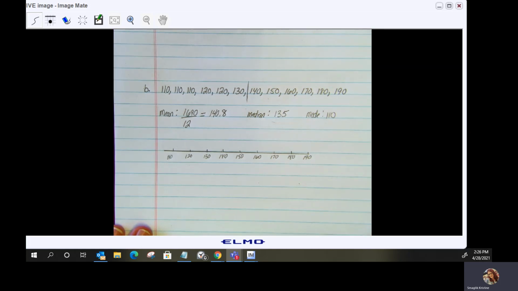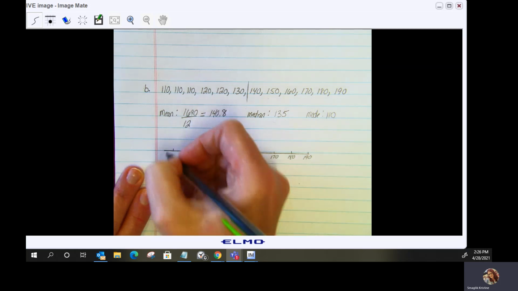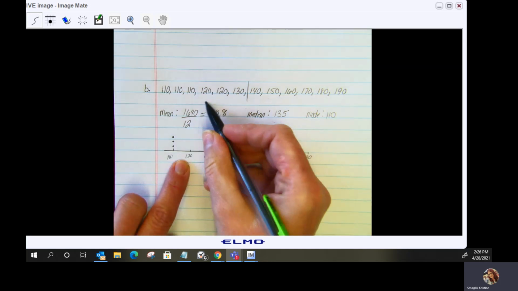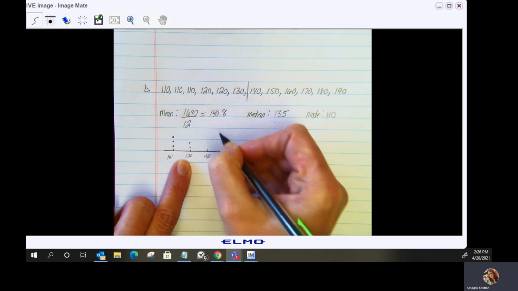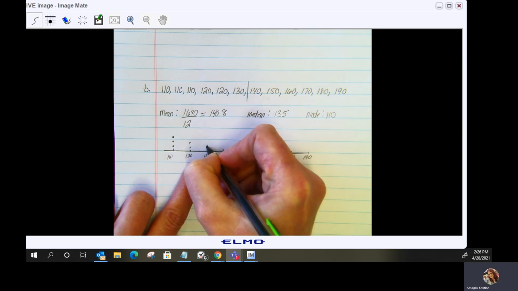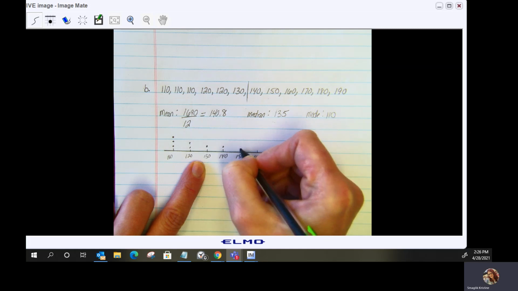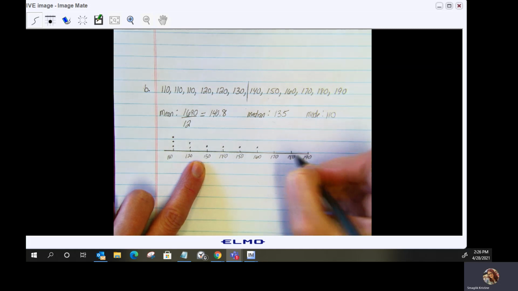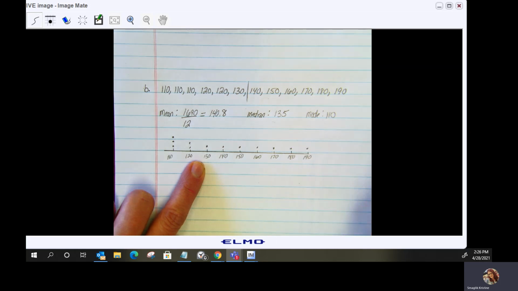Now let's put little dots over the frequency. 110 appears 3 times. I'm going to try to keep them equally spaced. 120 appears twice. 130 is once. 140 is once. 150 is once. 160 is once. 170 is once. 180 and 190, each once.